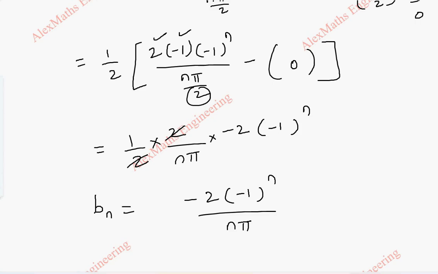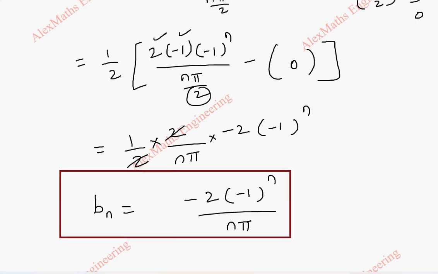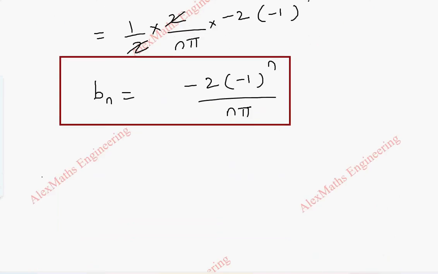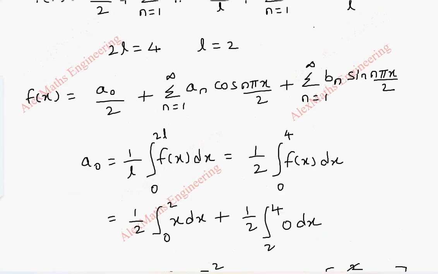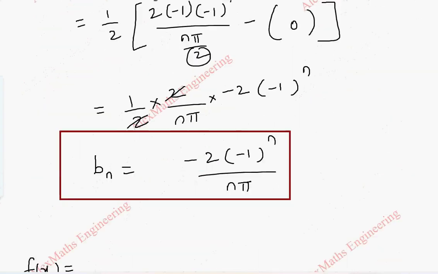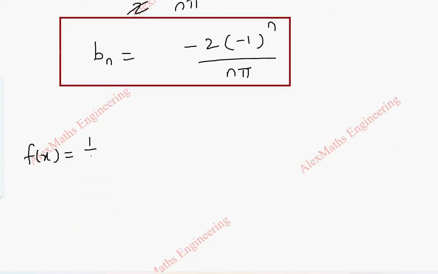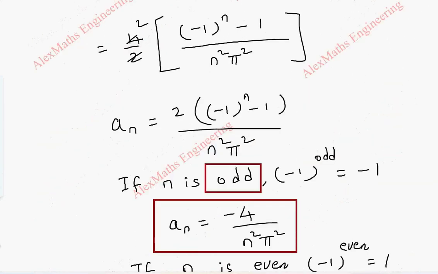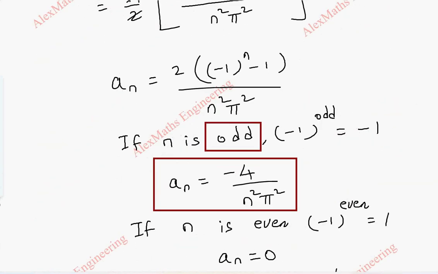So now we are going to use this in our f of x. So f of x equal to a naught by 2 is the first term, but a naught is 1, so 1 by 2, then plus summation, for an we got only the odd terms, minus 4 by n square pi square.